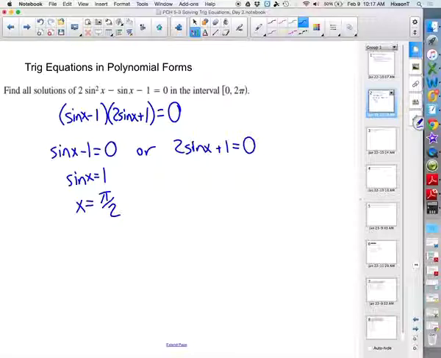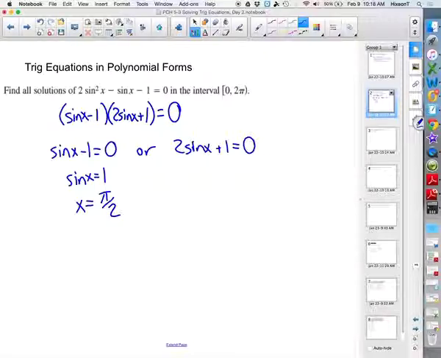Where is sine positive 1? It's only in the first and second quadrant, and the 90 is in both. The 90 is that quadrantal angle right between the first and second, so it counts for both quadrants at the same time. So that's why we're going to get one answer in this case.